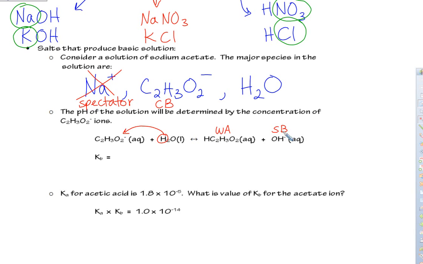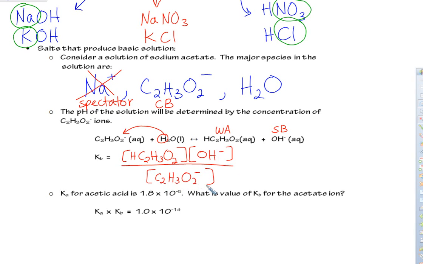If I wanted to set up the expression for Kb, we would have products. So it would be the acetic acid, HC2H3O2, weak acid, times hydroxide, sign of a strong base, all over just the acetate ion, C2H3O2 minus.